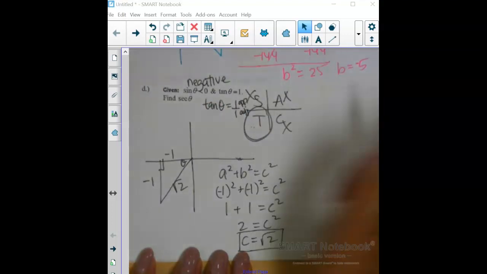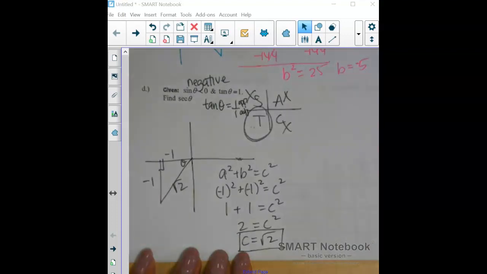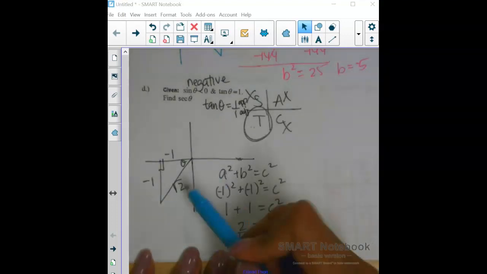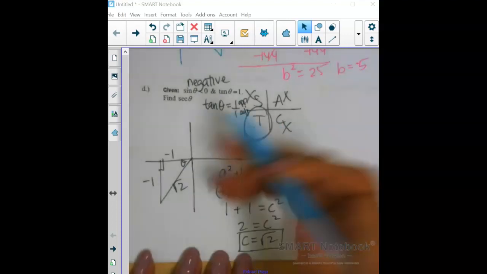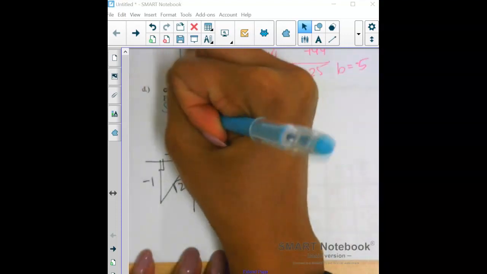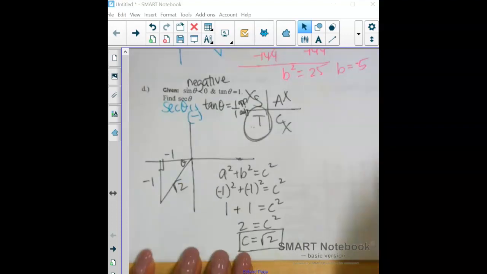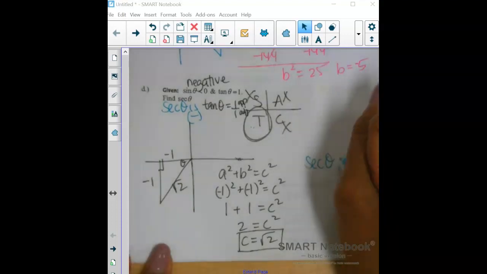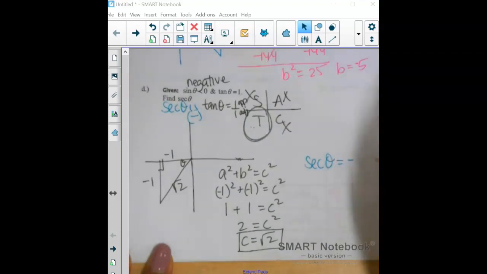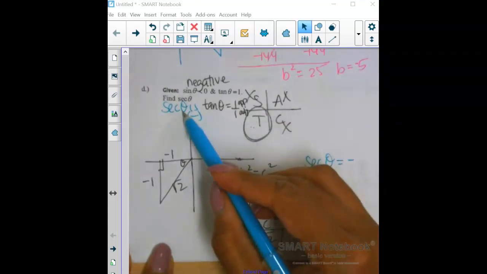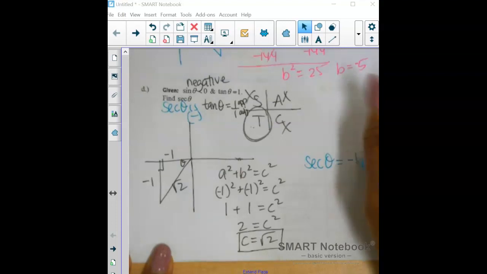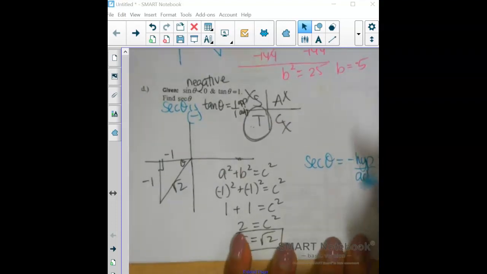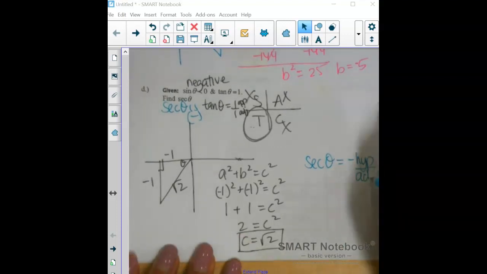What I need to do now is figure out what secant is going to be. Secant is the reciprocal of cosine. In quadrant 3, secant is going to be negative. So let me write that out. Secant of theta is going to be a negative. Secant is hypotenuse over adjacent.